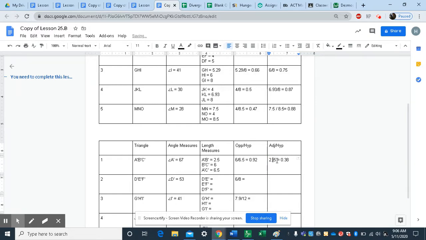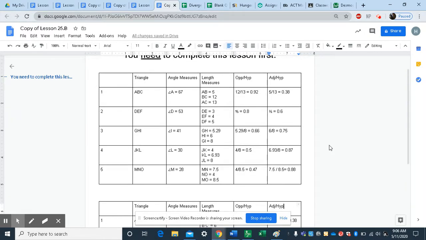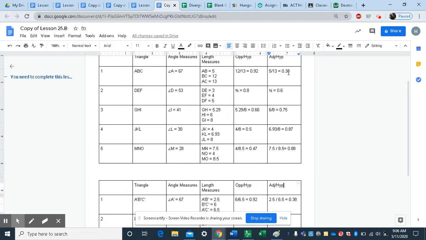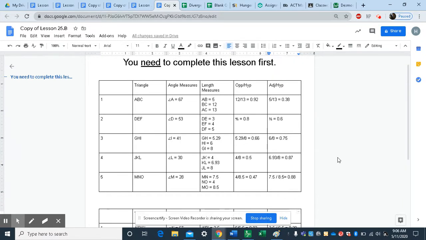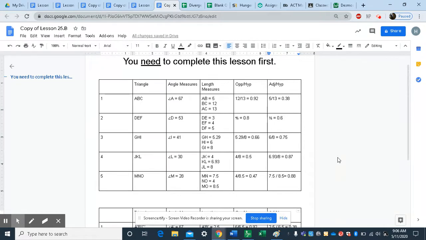Okay, so we did 2.5 divided by 6.5. Okay, there we go. It doesn't like it with the decimals. But then we have 0.38, equals our 0.38. So again, the proportions are going to stay the same, the answers we get, when we figure out similar triangles, okay?